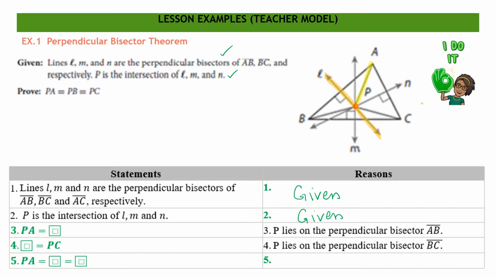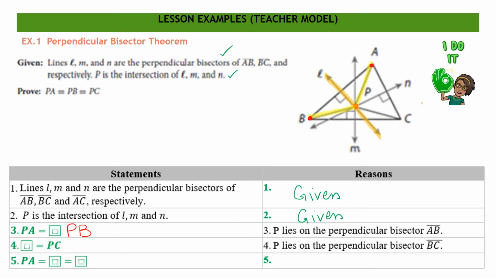If P is on that perpendicular bisector, what do we know to be true? Well, P to A is equally distant from P to B, and P to B is located here. So we know that P is equally distant from the endpoints of the side of this triangle because it's on the perpendicular bisector. So PA would be equal to PB.